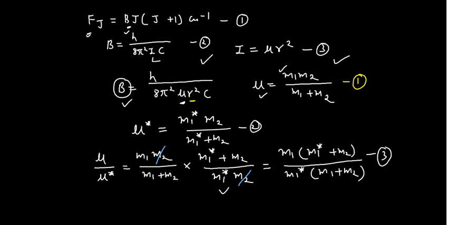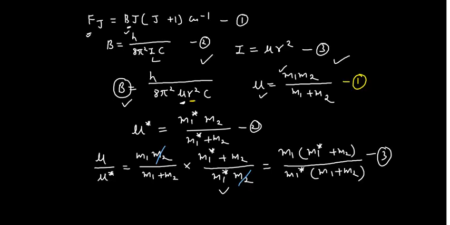So I can write, rearranging equation 3, mu by mu star were already there, and I am taking M1 common this time. If you go to the previous slide, from here I am taking this M1 star common outside, and from the denominator I am taking M1 common outside the bracket.